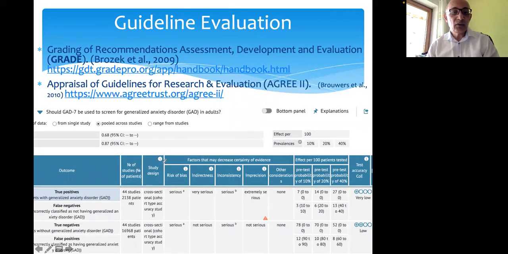The GRADE tool has the categories shown in this picture here. This is from one of our exercises in our study.